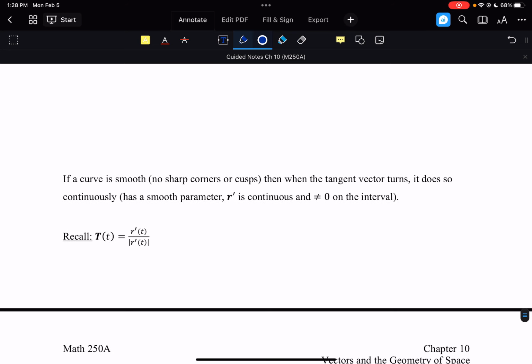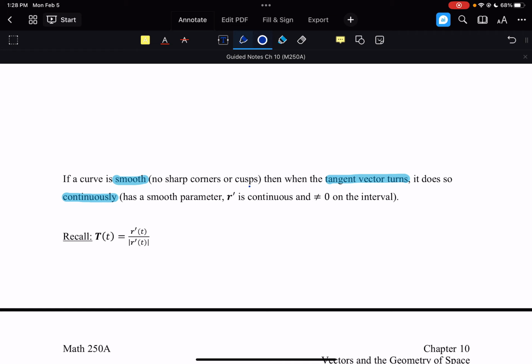We've got a couple notes here, so a bit of setup for the stuff we're going to do. If a curve is smooth, so no sharp corners or cusps, then when the tangent vector turns, it does so continuously. So it has a smooth parameterization, r prime is continuous and not equal to 0 on the interval. We're about to talk about a concept that involves turning of tangent vectors.